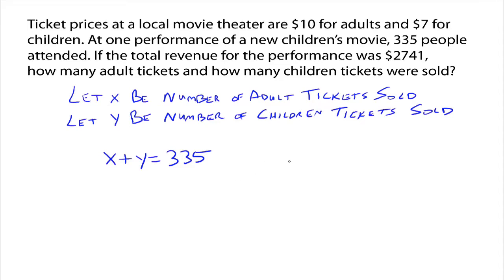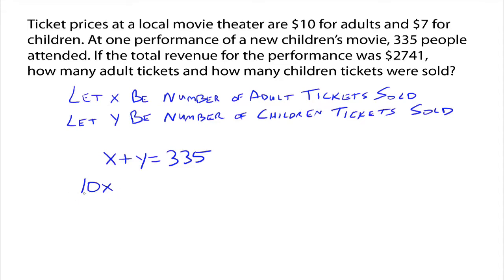So now we bring in the dollar amount. This first equation is the total number amount, and the second equation is going to involve the money. So we know if it's $10 for adults and $7 for children, then we've got 10x right there.